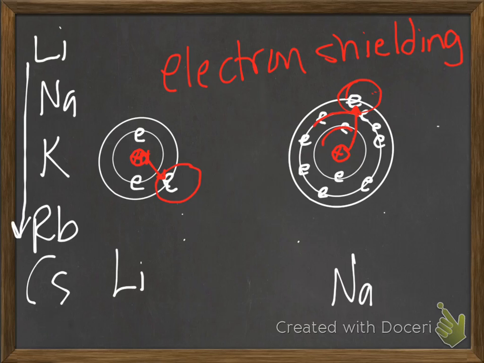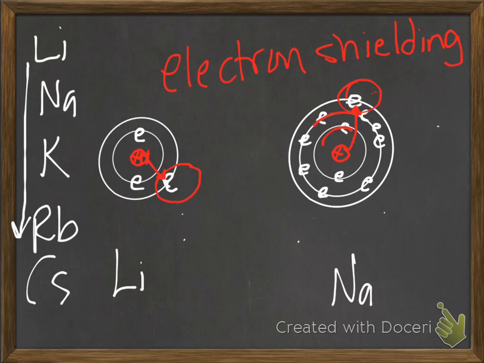Okay, so we call it electron shielding, and that's this phenomenon that as we get into larger and larger atoms, you've got many more layers of electrons between the nucleus and those outer electrons, to pull them in.